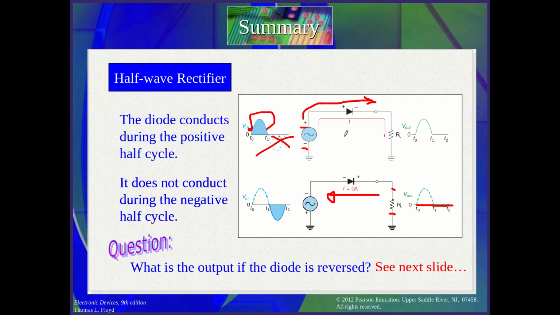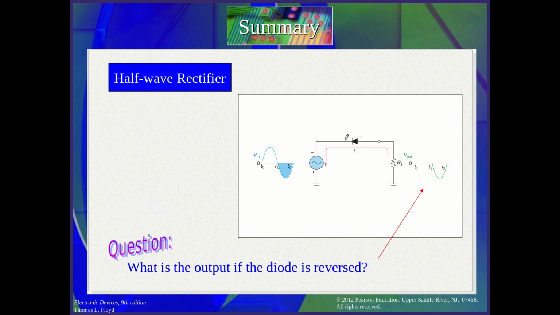Now let's see what happens if the direction of the diode is reversed. So the diode goes to the other side. Let's see what's happening. If you reverse the diode, you will get the other expected output. In the positive side, it will not conduct, so you will not see anything in the V output.